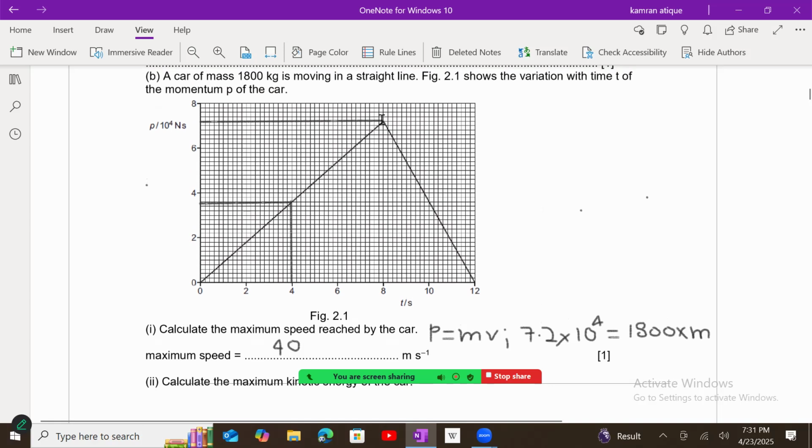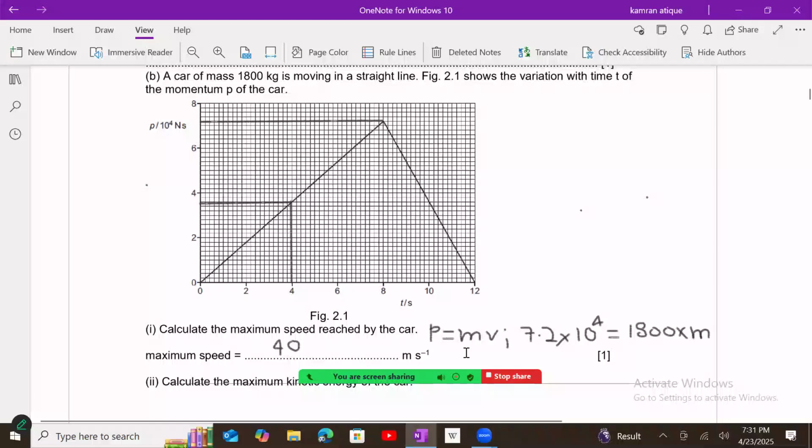So maximum speed can be obtained, students, by using the maximum momentum. For that purpose, I have drawn that line so that I can obtain the exact value from the y-axis. This line must be parallel to the x-axis from the top of the straight line graph. So mass has been given as 1800 kilogram.